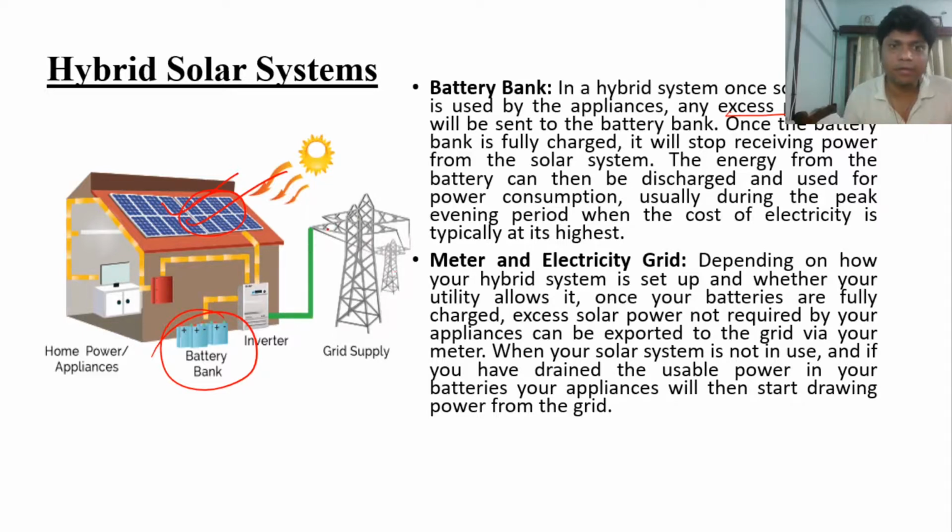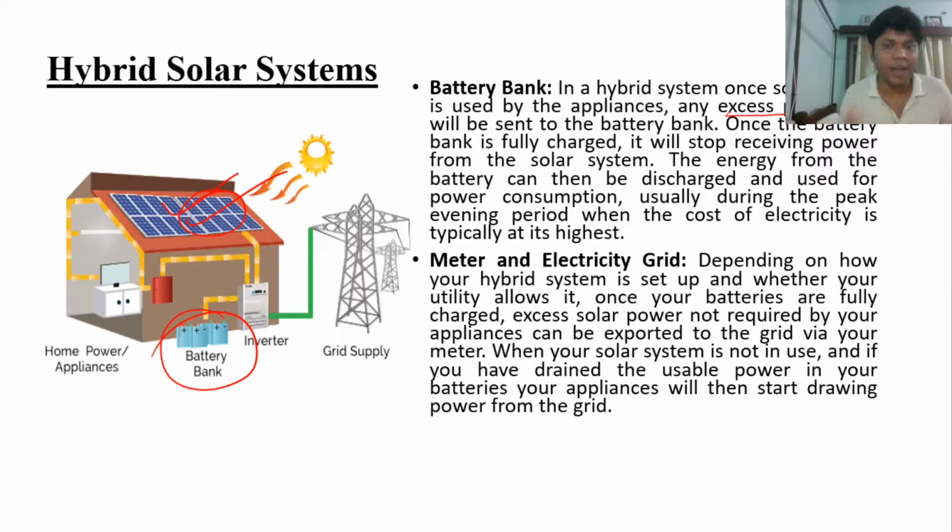The electricity grid means the interconnection of transmission lines where we transmit electric power from the sending end to the receiving end. Depending on how your hybrid system is set up and whether your utility allows it, once your batteries are fully charged, excess solar power not required by your appliances can be exported to the grid via your meter.